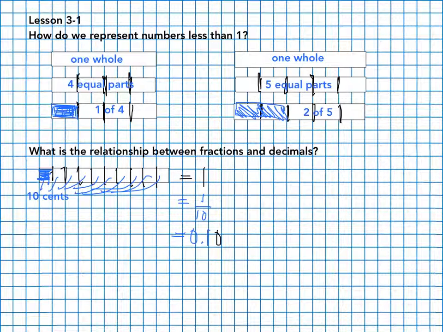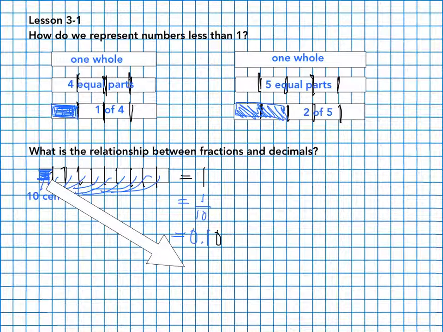Now normally we see 10 cents. Let's take this 1 cent here and slide it over here, okay? And we're going to draw a new shape because new shapes are fun.